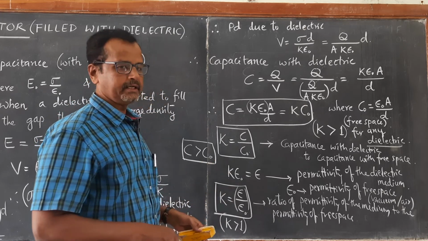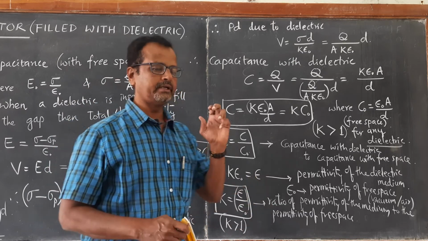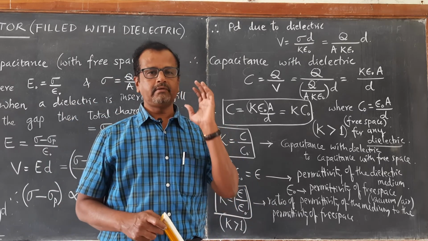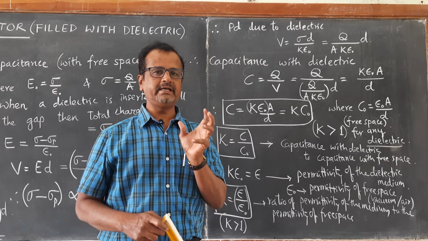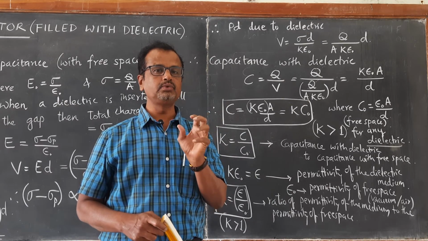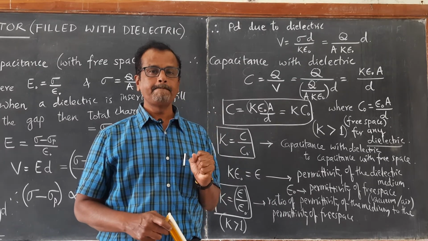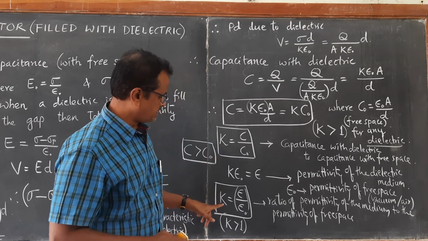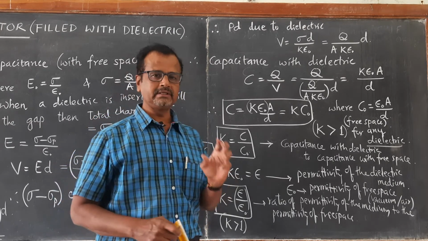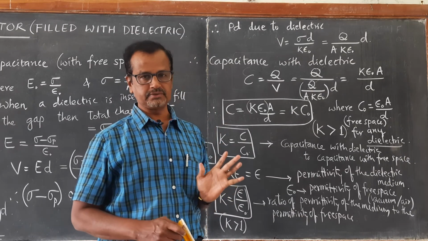helps us to understand the effect of dielectric on the Coulomb's force between two charges. If a dielectric is inserted between the 2 point charges, what happens to the Coulomb's force? Since this K epsilon naught is in the denominator, the force reduces.